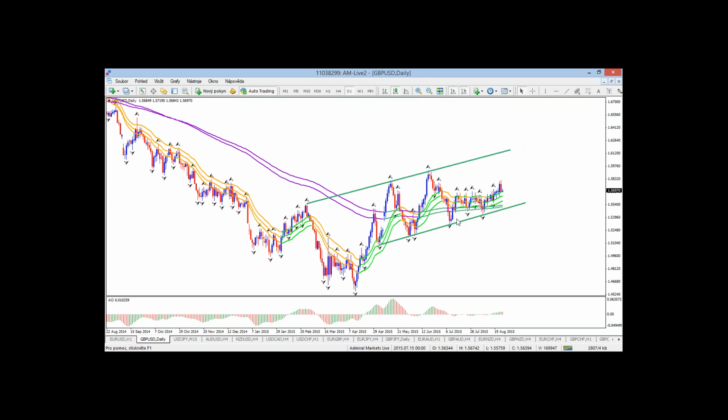The stronger the angle, the more power there is. This is a weaker angle, so the strength of that trend is not really fantastic. Actually, if the angle is too weak, it could be more of a bull flag or bear flag. Not in this case, but just a weak channel.